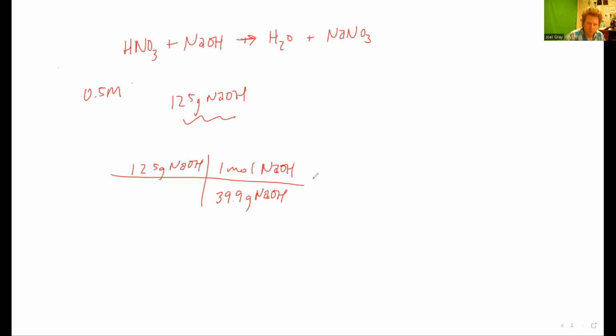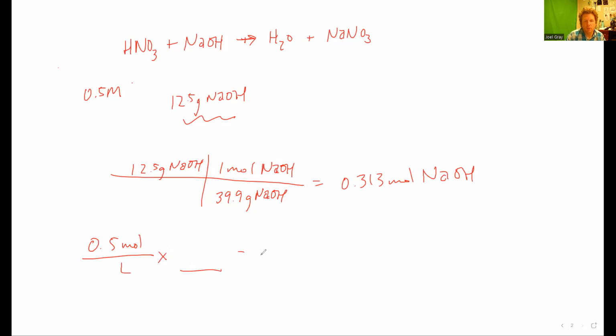So 12.5 divided by 39.9 gives me 0.313 moles of NaOH.